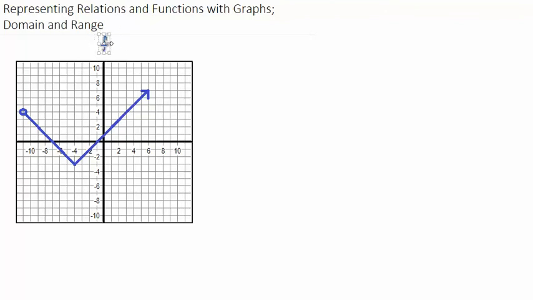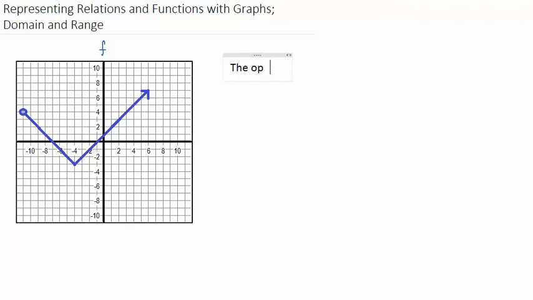And so how do we interpret what this graph means as it relates to relations or functions? Well, the first thing we need to know is what does that open circle mean? What does the arrow mean?